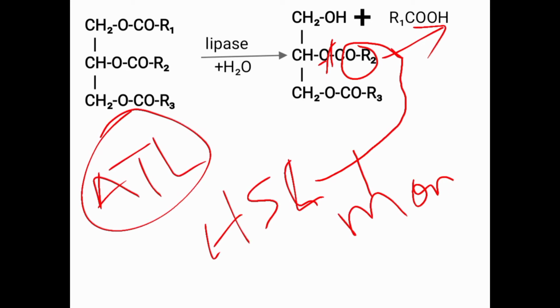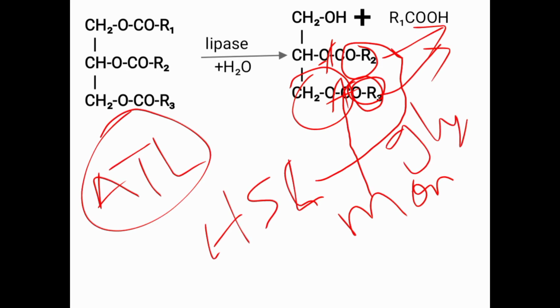So when it adds OH, another fatty acid, then add hydrogen, what do you have now? You now have a glycerol. You have actually removed 3 fatty acids and you have 1 glycerol.